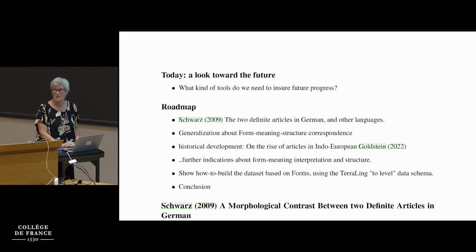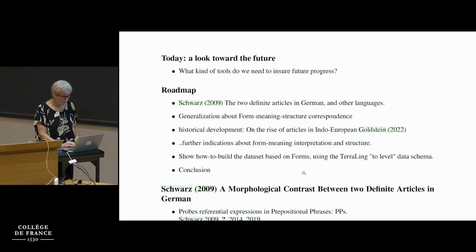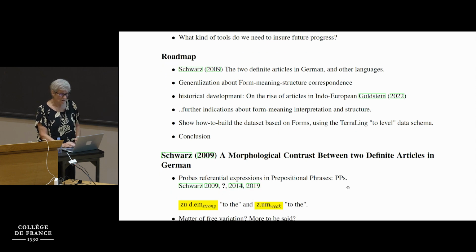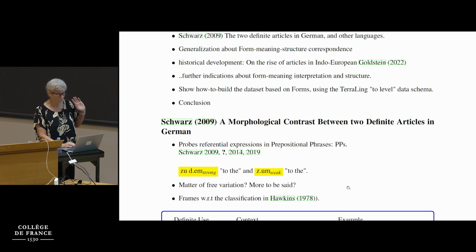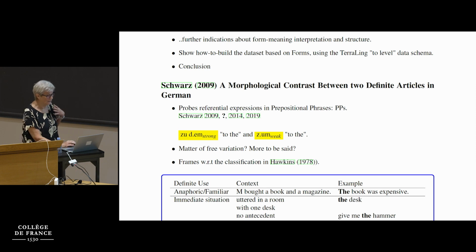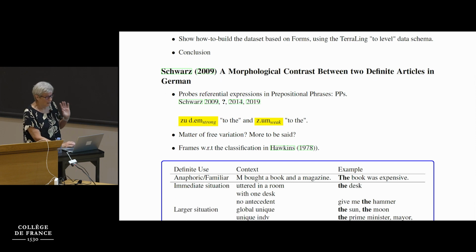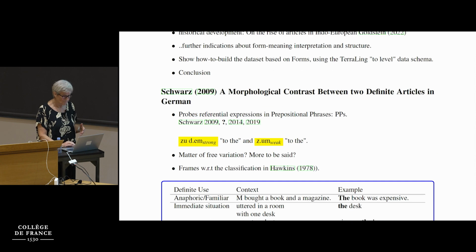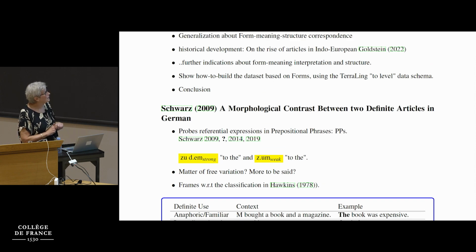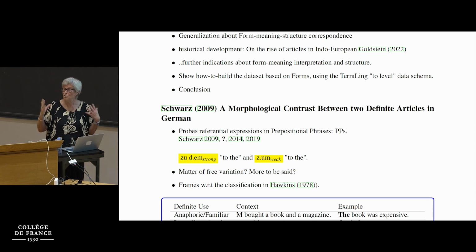And that's what Schwarz actually does. Schwarz explores a morphological contrast between two definite articles in German, and then shows that this contrast is also found and characteristic of languages that are unrelated to German.